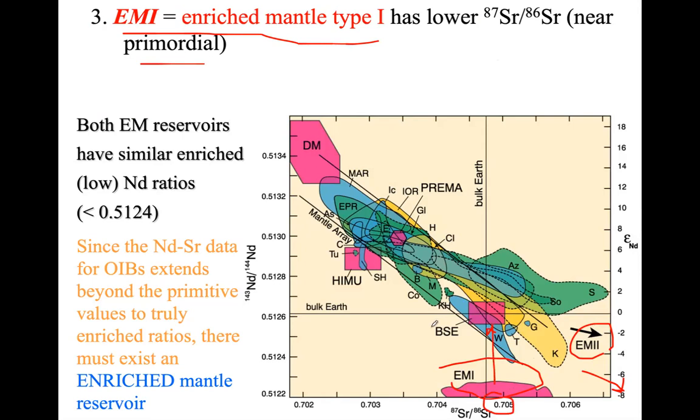Primordial isotopic composition means bulk silicate earth isotopic composition, soon after core formation, when we had the silicate portion of the earth after the core separated. So it is almost close to the primordial, that means the initial time at the time of earth's formation. Its strontium isotopic composition is almost primordial, same as BSE, but the neodymium composition is much lower than the primordial composition.